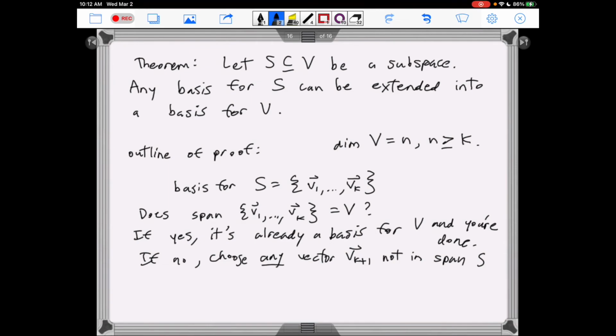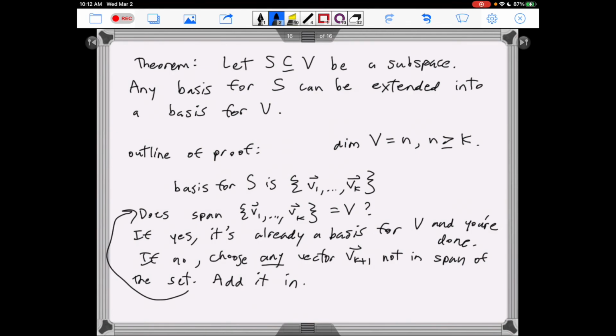I know why I'm confusing myself here, because we called S the subspace, but then notice here I said S was that set. I shouldn't have written that. So let me just fix this problem really quick. The basis for S is this set. Okay, I shouldn't call that S. So choose any vector not in the span of the set, and then add it in, and then you repeat.